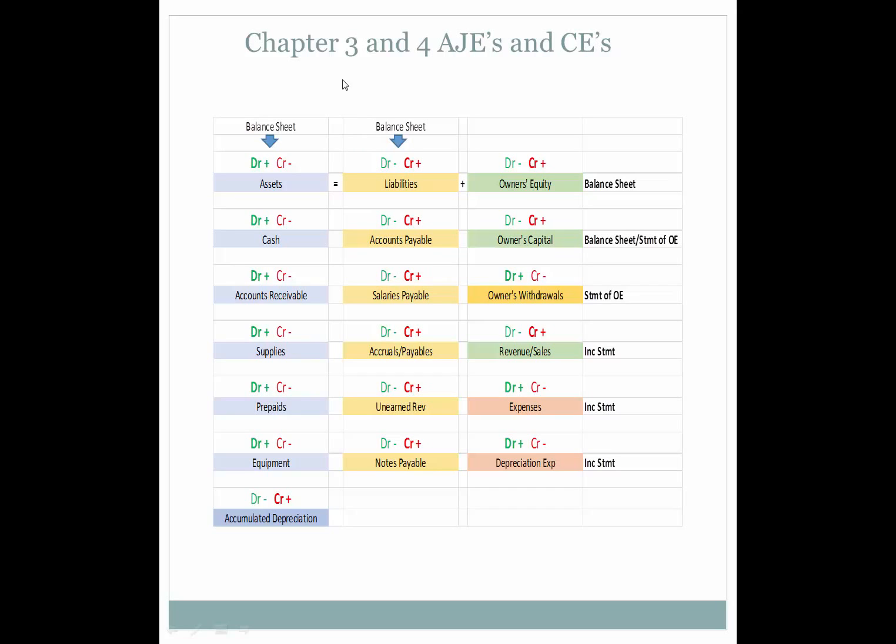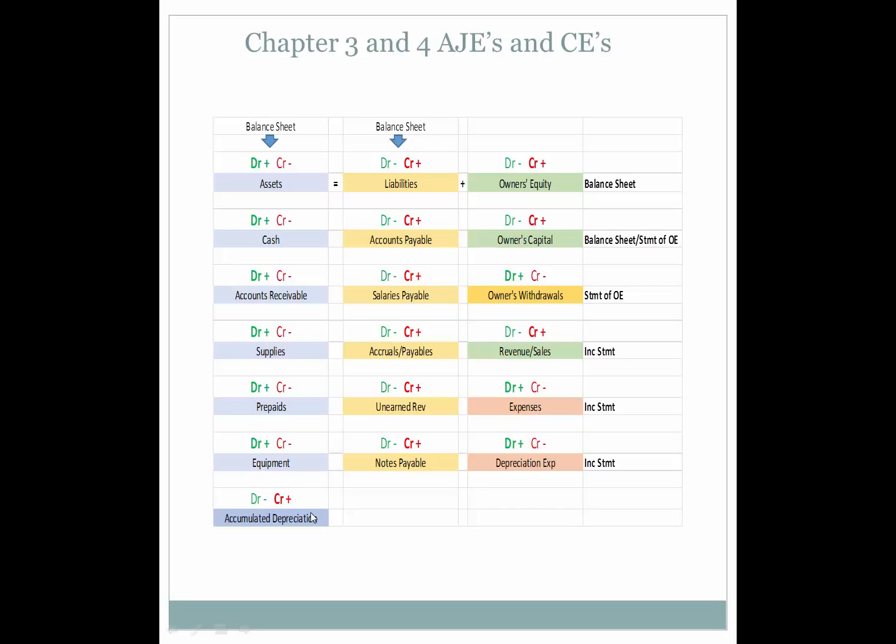In Chapters 3 and 4, we learned about adjusting journal entries and closing entries, and this is the first time we learned about accumulated depreciation, which is found under assets on the balance sheet. However, we said it was a contra asset account, meaning that the balances are going to be contra to the normal account balance of the associated account.